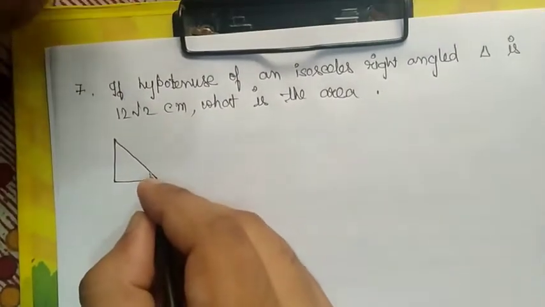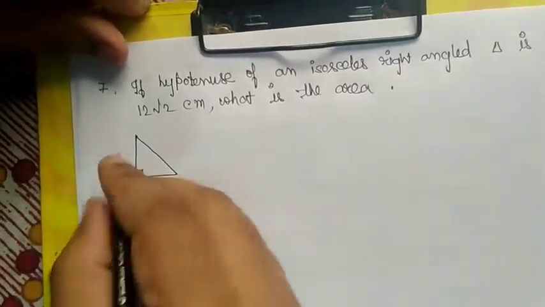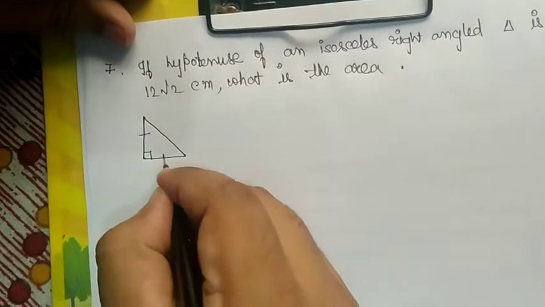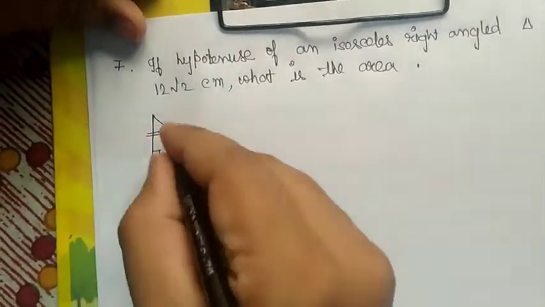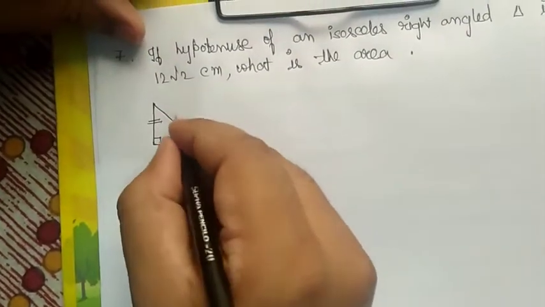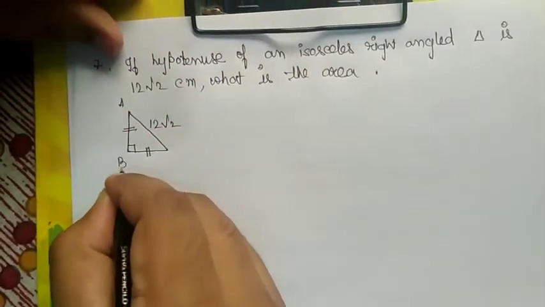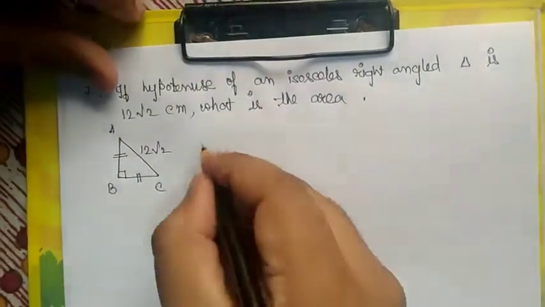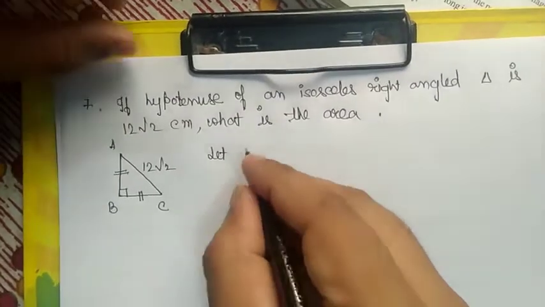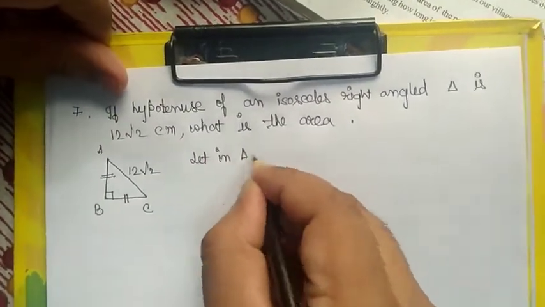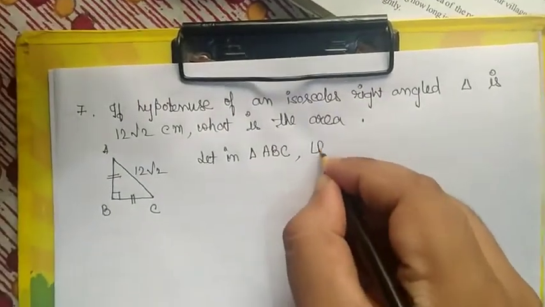This is a right angle isosceles triangle, means this angle is 90 degree and these two sides, base and height, are equal, and this is the hypotenuse. We know the hypotenuse is 12 root 2 centimeter. This is ABC. So let in triangle ABC, angle B equal to 90 degree.